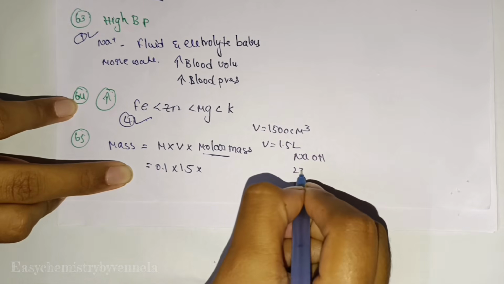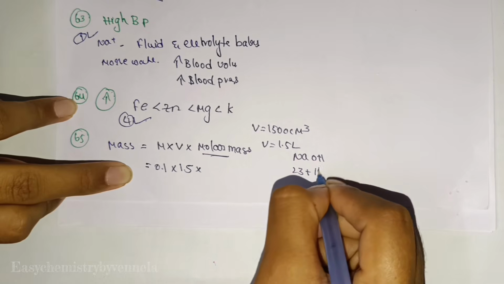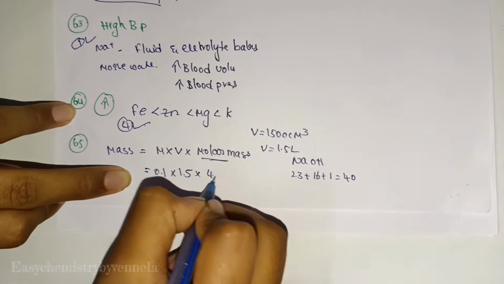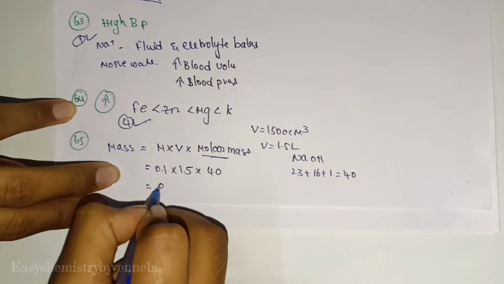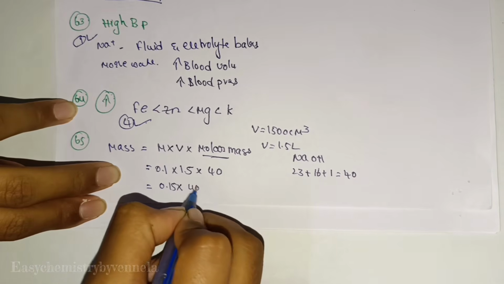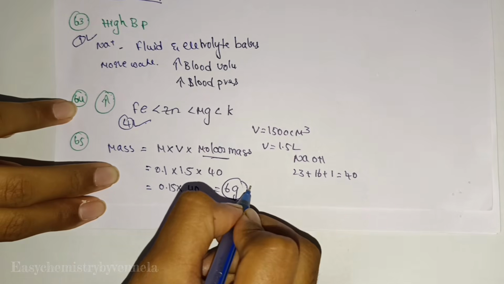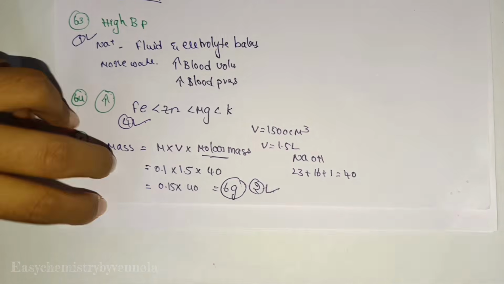NaOH: sodium 23 plus oxygen 16 plus hydrogen 1, total 40. Finally 0.15 into 40 is 6 grams. So the second option is the correct one.